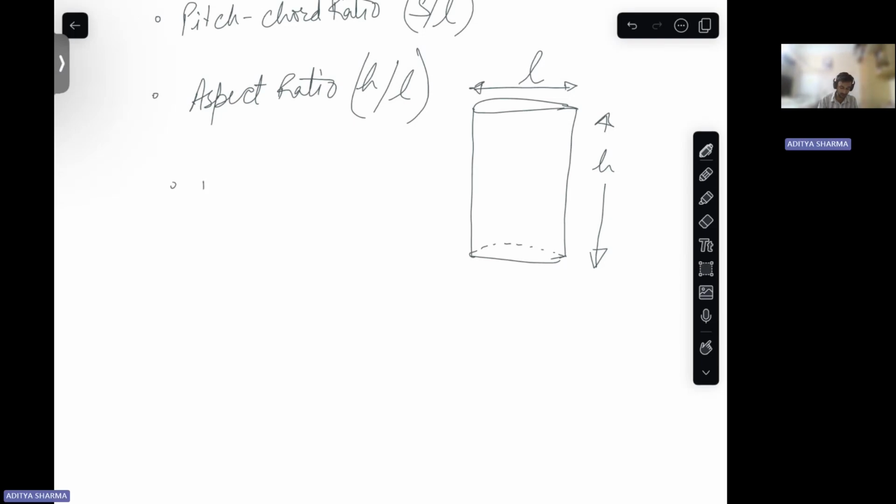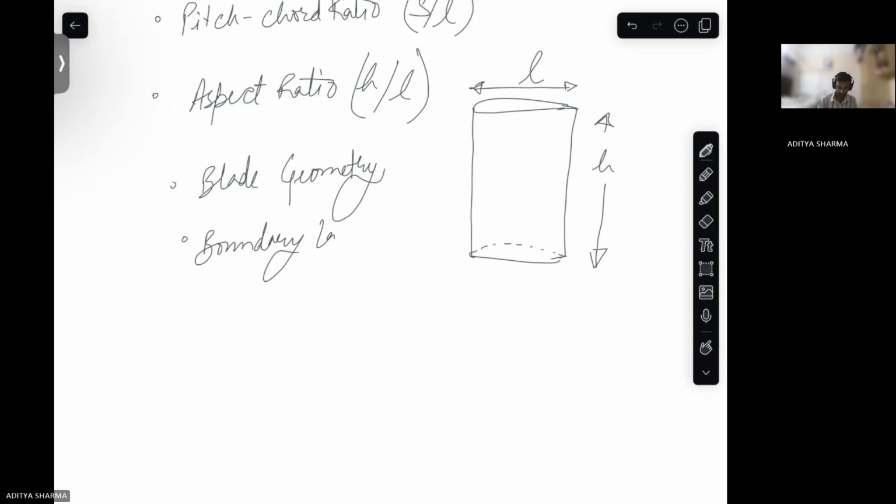Then blade symmetry is there. Then boundary layer and turbulence.